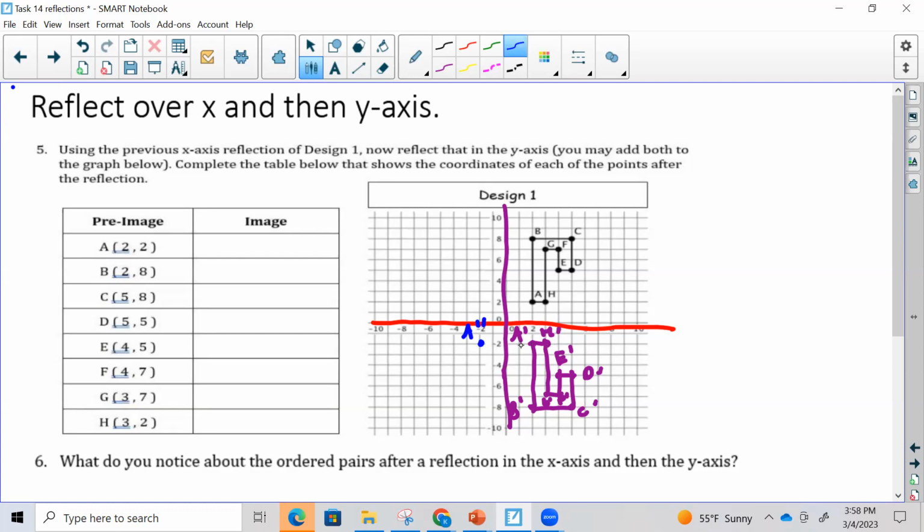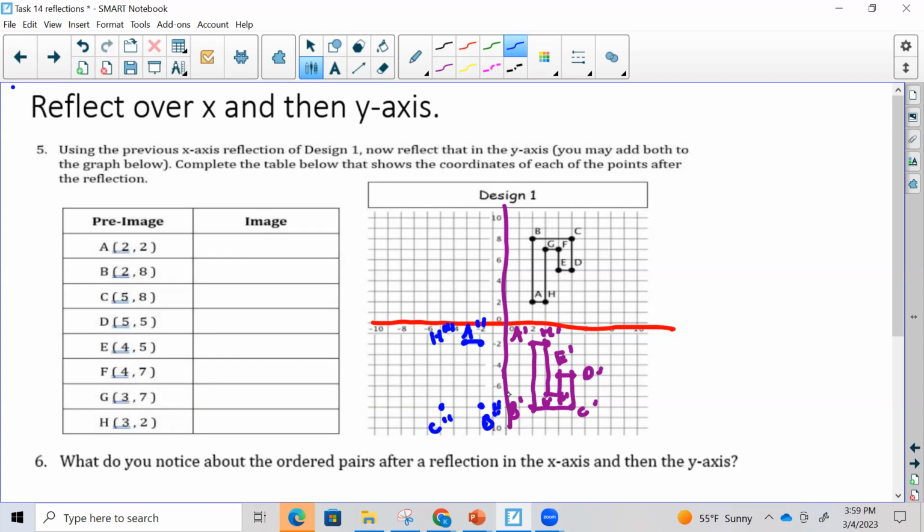Okay, H is 3 to that line. B is 2 again from that line, so we're going to go 2 to the left of that y-axis. And then C is 1, 2, 3, 4, 5. So I'm going to count 1, 2, 3, 4, 5, and this is where C is.